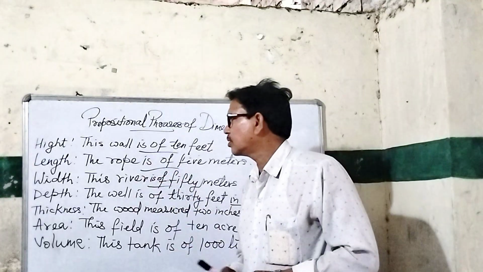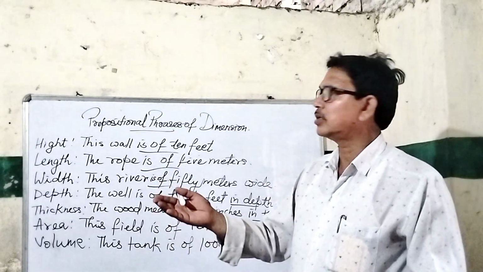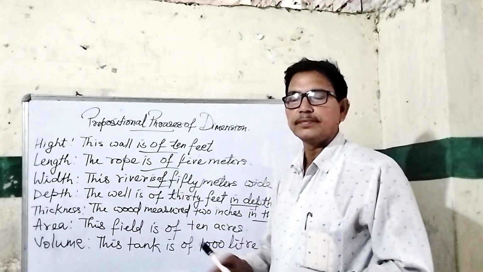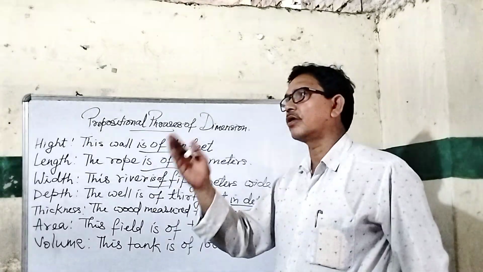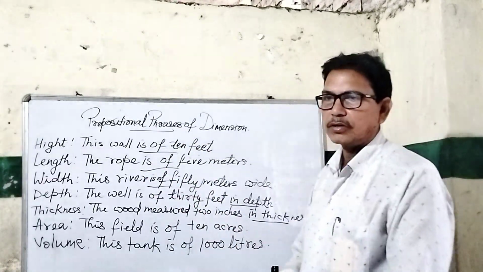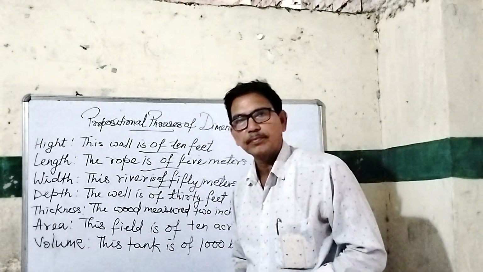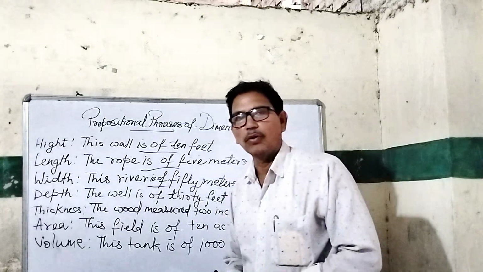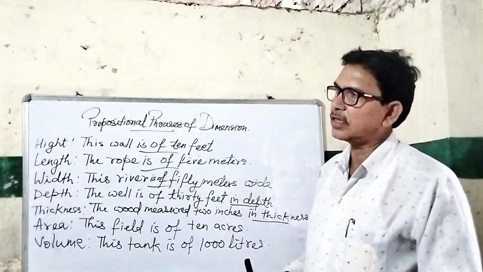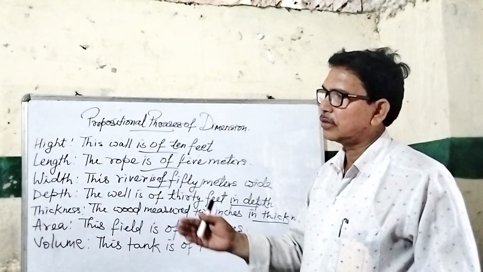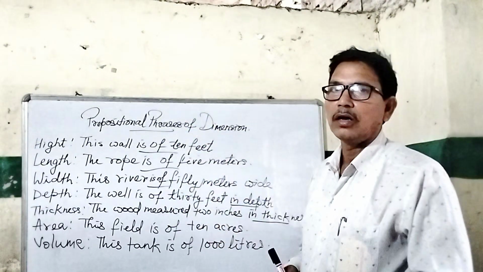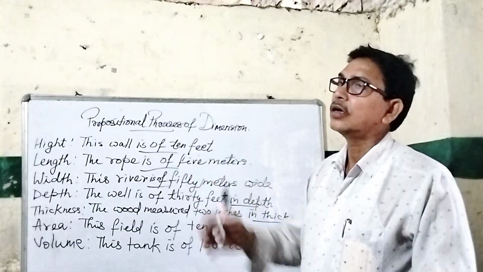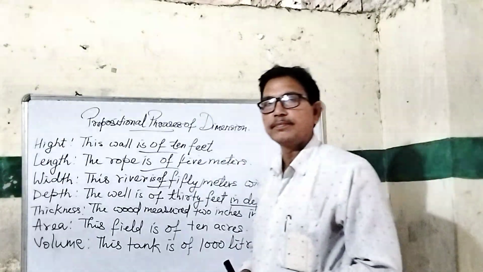So height is, for example, this wall is of 10 feet. Suppose if I talk about the height of an electric pole, so we can say that this electric pole has been raised to a considerable height.